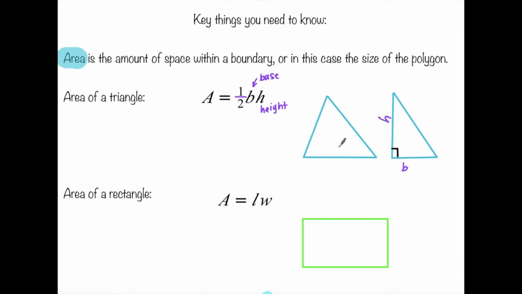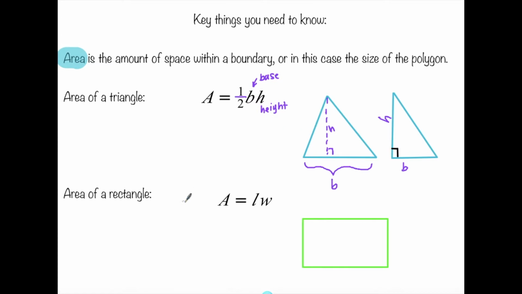If we don't have a right triangle, we can create one, and if we knew the height or that length from this point to that tip at the top, then this whole distance would be our base, and then this distance here would be our height.